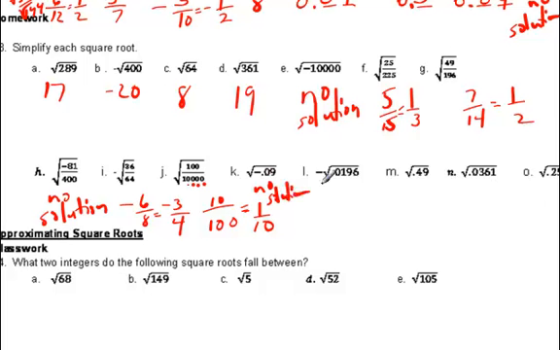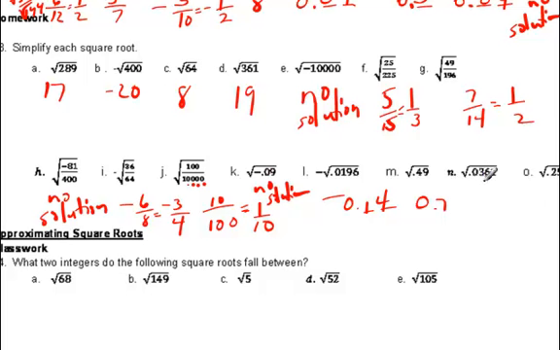Okay, negative square root of 0.0196. That is going to be negative 0.14. There are 4 decimal places, so we know there's going to be 2 in our answer, and 14 times 14 makes 196. Good. The square root of 0.49 is 0.7.